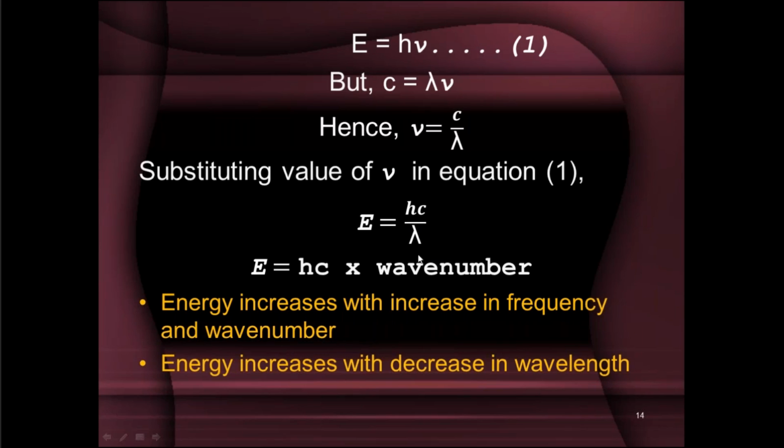That means when wavelength increases, the denominator is increasing, then the ratio, that is E, will decrease. That is why when there is a decrease in wavelength, the energy will increase. This is an inverse relationship. So always remember, energy has an inverse relation with wavelength, but a direct proportionality with frequency and wave number.